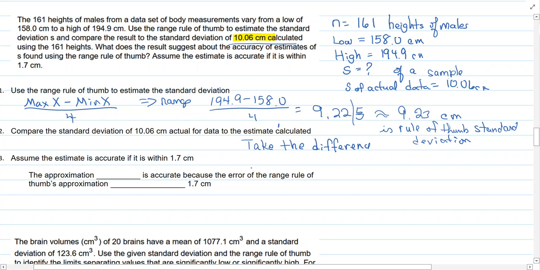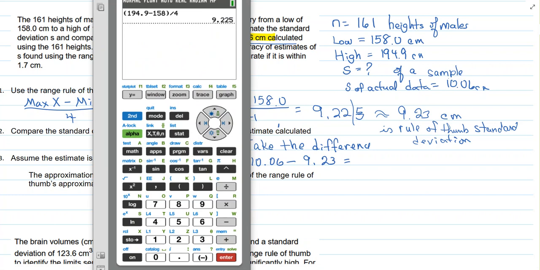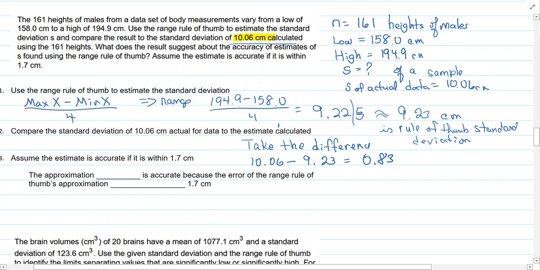We're going to take our 10.06 and subtract from it our 9.23 to find the variation within those standard deviations. So I'm going to enter 10.06 minus the 9.23. Very small amount. It's very small.